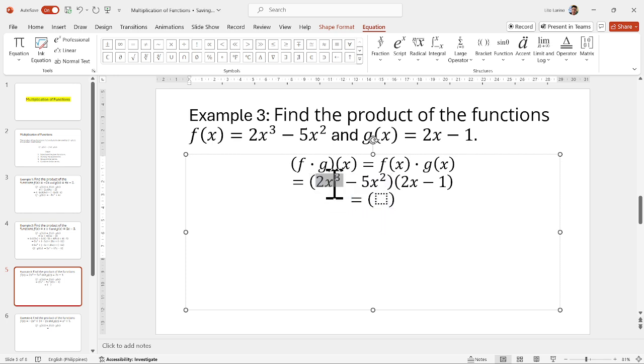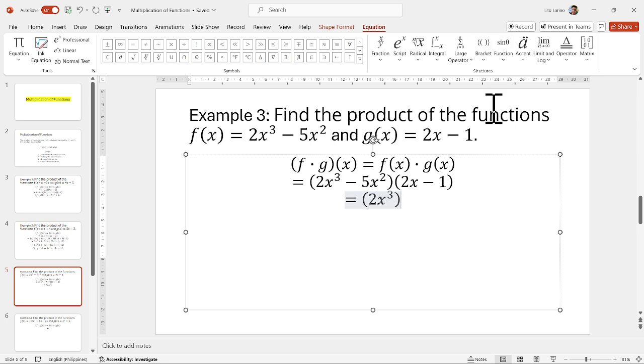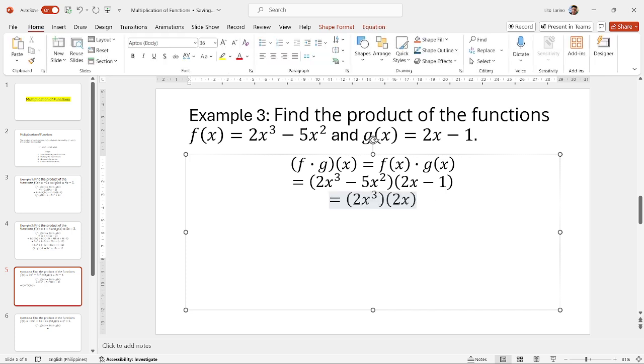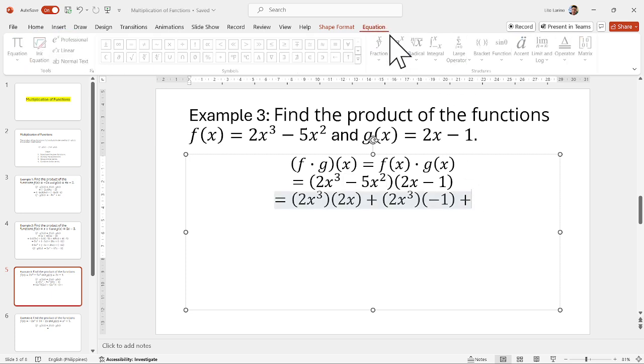That is, this term, 2x cubed, will be multiplied to the first term of the g of x expression, which is 2x, plus, again, this one multiplied to the second term of the g of x expression, which is negative 1. Plus, next we have the second term of the f of x expression, which is negative 5x squared.